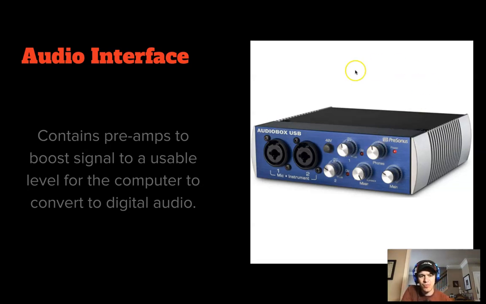So this is actually what converts analog audio signal into digital so our computer can store it. Again, these are the preamps right here. These are the gain knobs right here. So this does what we call analog to digital conversion, or A to D conversion. A lot of times on the internet, you'll see that as A/D.